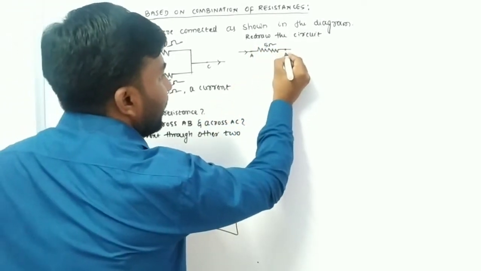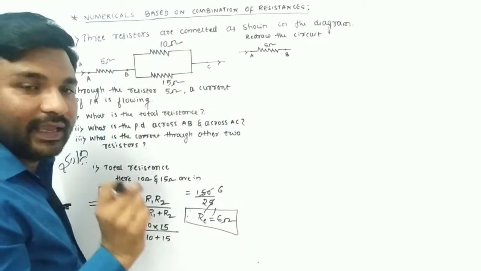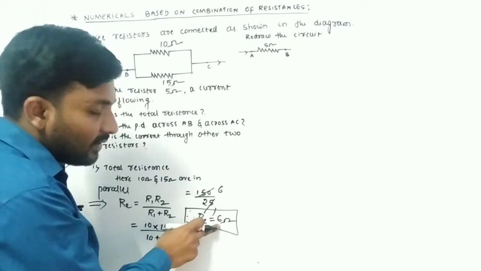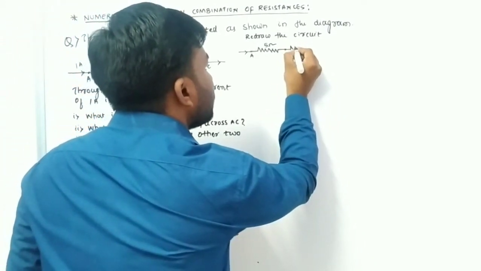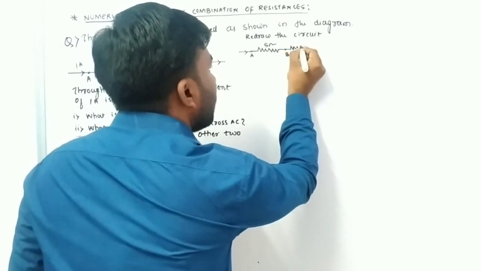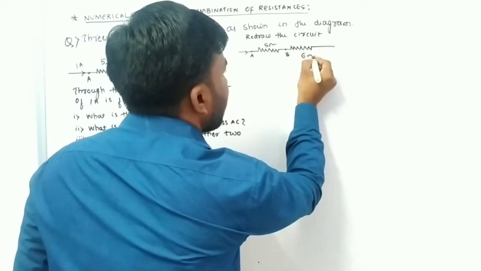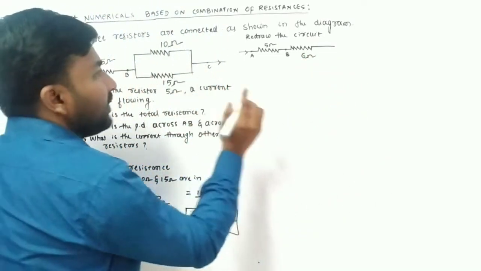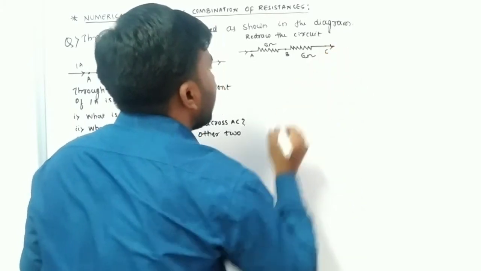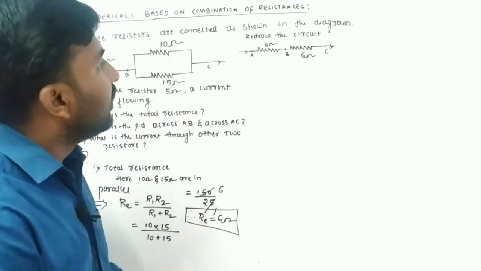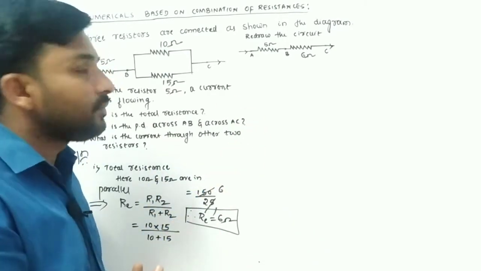The point B as it is. In place of these two, we have the equivalent resistance which is having the resistance 6 ohm. So here the 6 ohm resistance, and this one point C as it is. Okay, so this is the circuit diagram after redrawing.